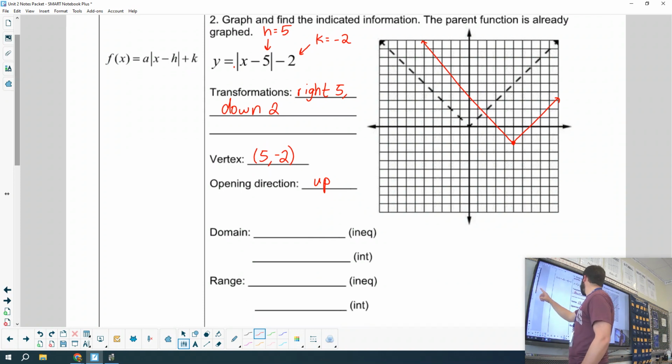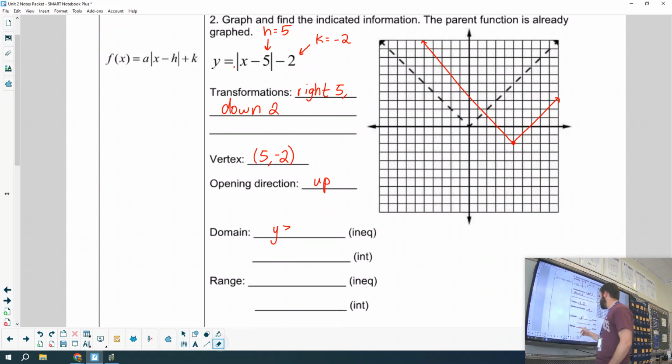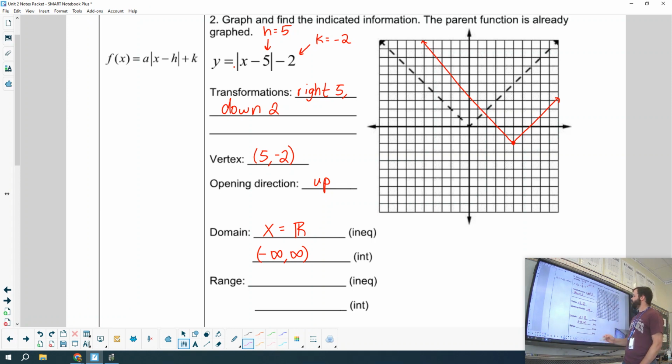Okay. Now, our domain. Remember, your domain for all of these problems is x equals all real numbers, or -infinity to +infinity. But your range is the one we have to think about. Now, I want to tell you something. Your k, or the y of your vertex, is going to give you the number for the range.